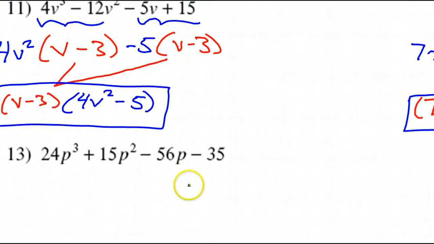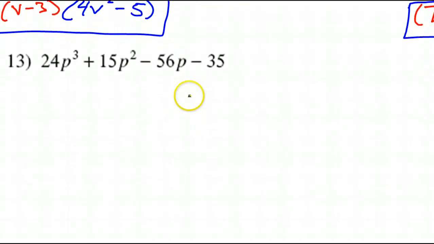Alright, let's take a look at number 13. Let's see. 24 is 3 times 8. This is 3 times 5. 56 is not divisible by 3. Alright, so there's nothing common to everything.